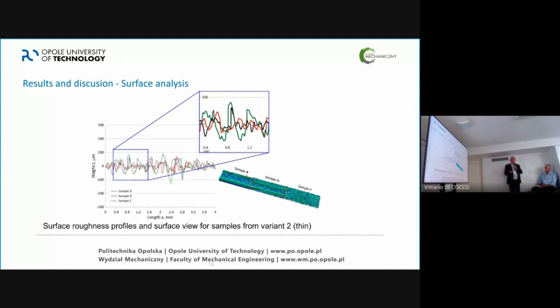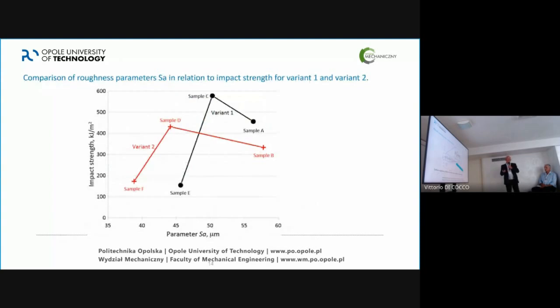Also, we put it on this diagram. These two figures are very new. And also, we put in one diagram a comparison of roughness parameters in relation to the impact strength for variant 1 and variant 2. So you see that it depends on the aluminium alloy and also on the thick or thin specimen.